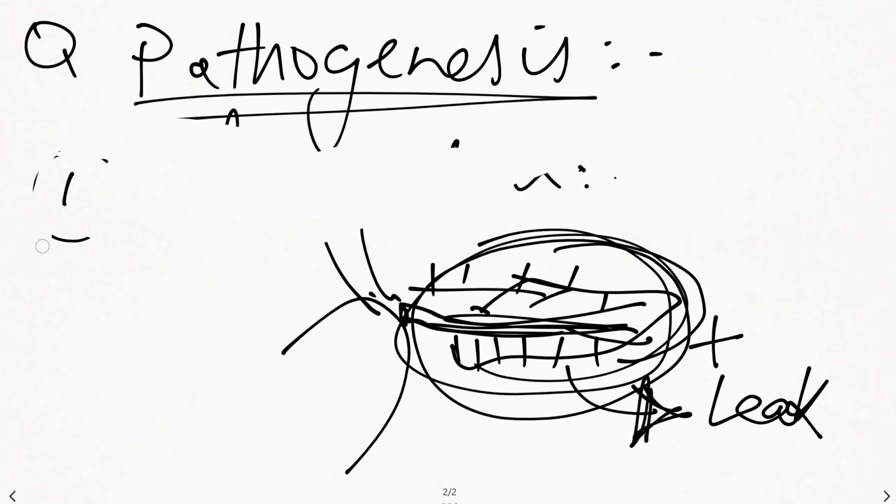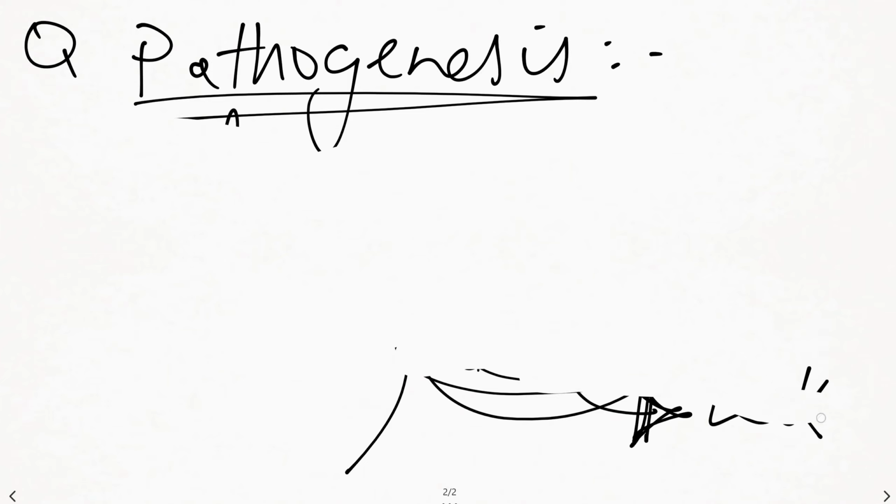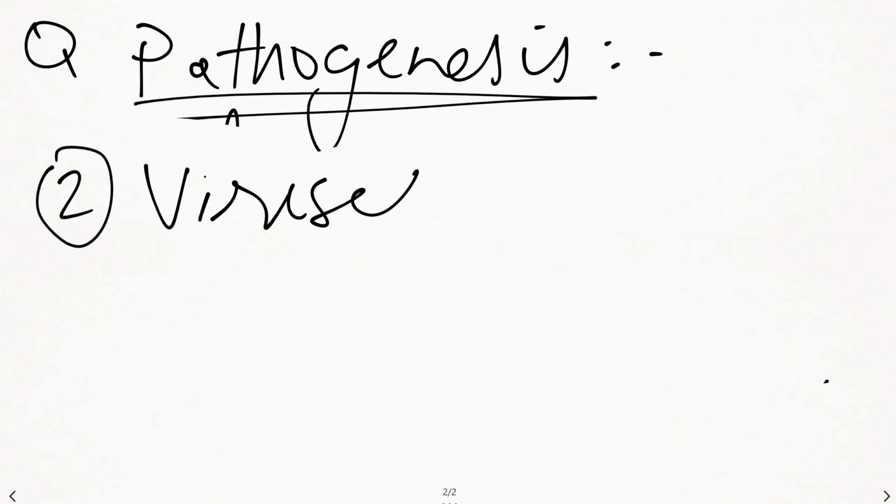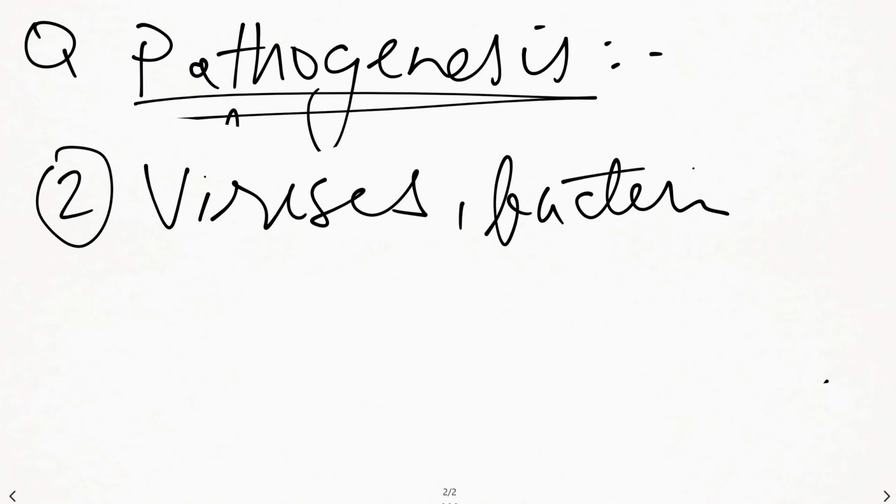Let us go to the second type, and it's easy actually. It could be due to damage of the pancreatic cells by viruses, by bacteria, by drugs, as we called them among the causes, or by trauma.